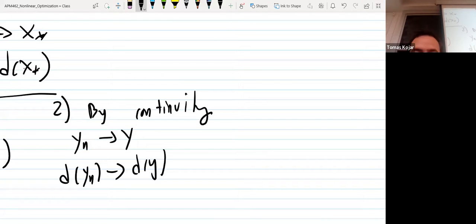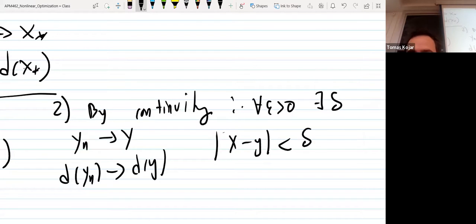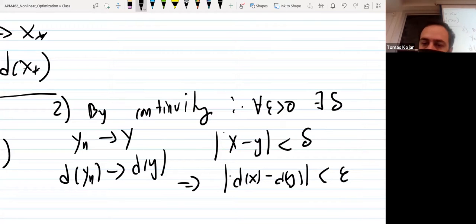What is continuity? It says that for every epsilon, you can find delta so that x minus y less than delta implies d of x minus d of y less than epsilon.